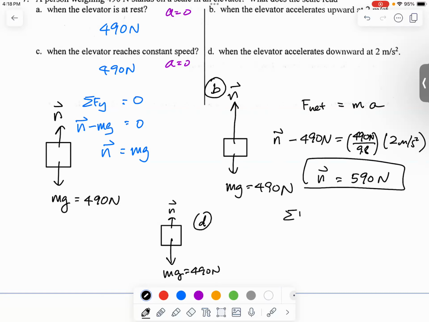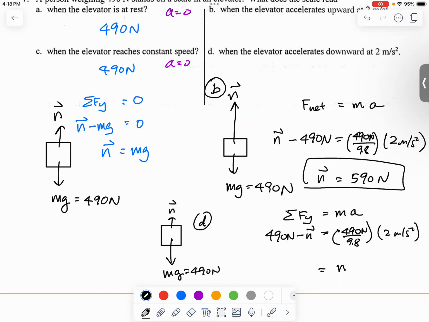So our F net, or all the forces in the y direction, is equal to ma. And if we take downward as positive, we can still use this, except that we would do 490 newtons minus n this time.